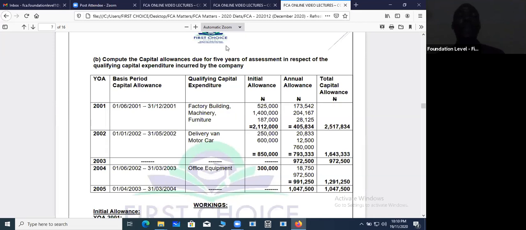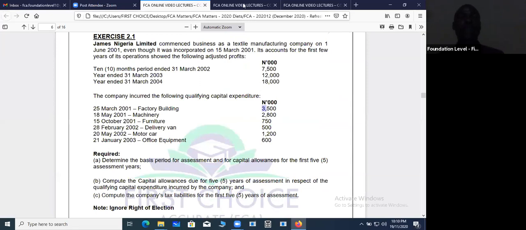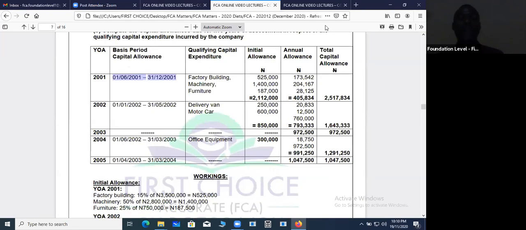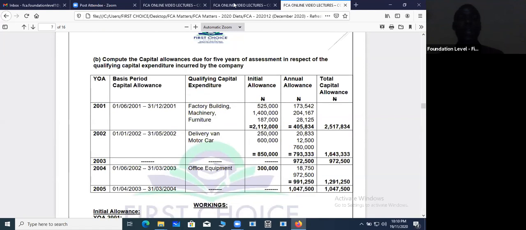Now we're looking for annual allowance. How do we calculate the annual allowance? The annual allowance is calculated as follows.